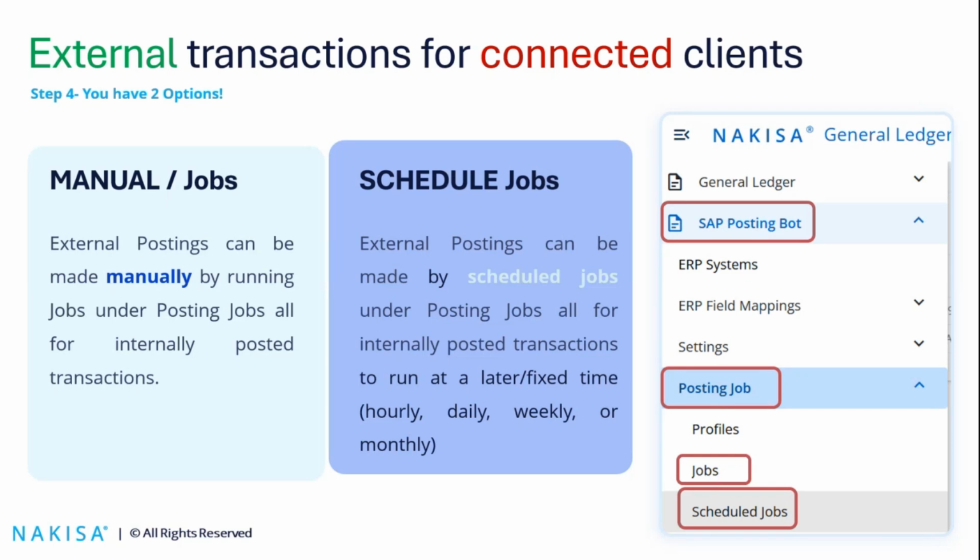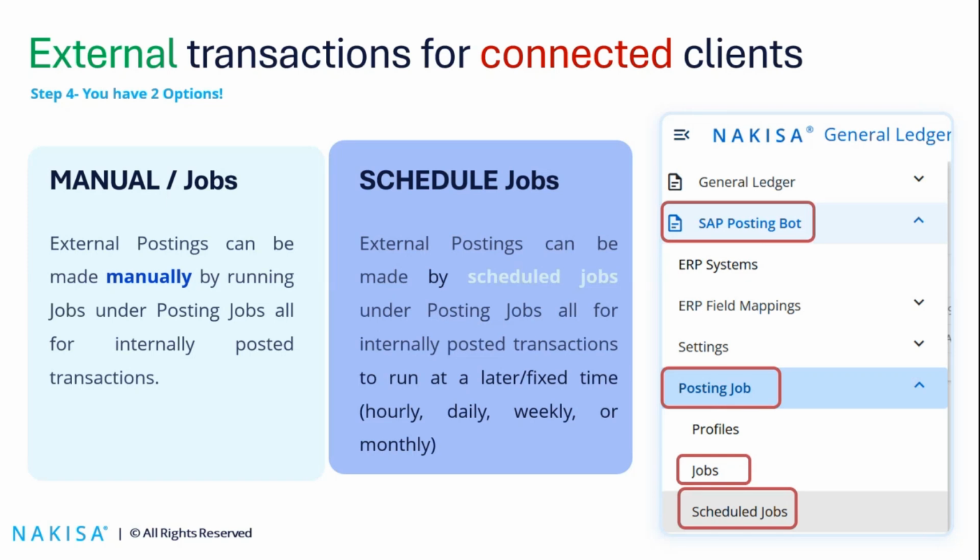For example, we saw a case where there's a transaction which is still open. A user might have created a contract after a batch has been run internally and externally. Now that open transaction was posted first internally, and now needs to be posted externally as well.